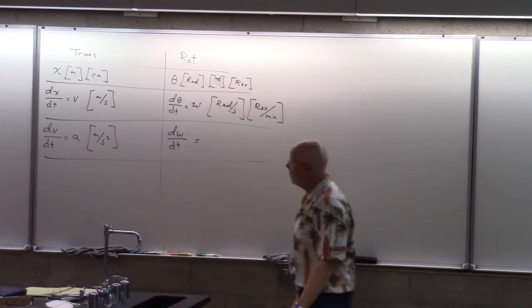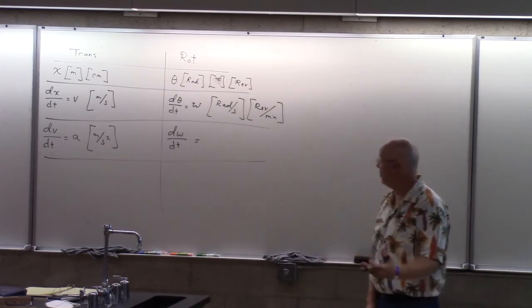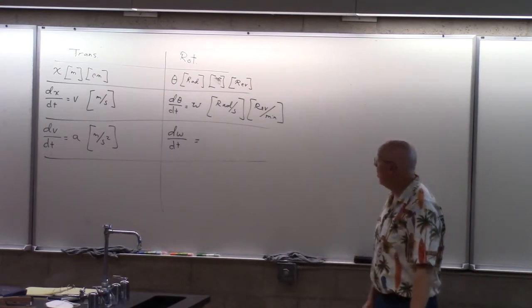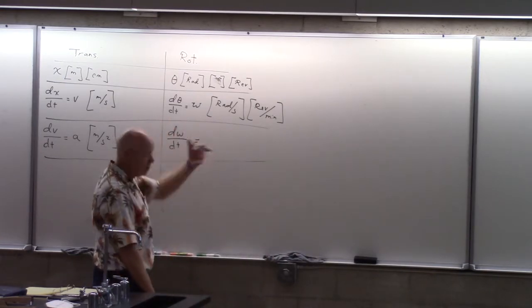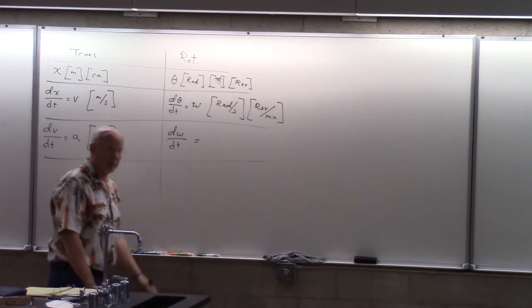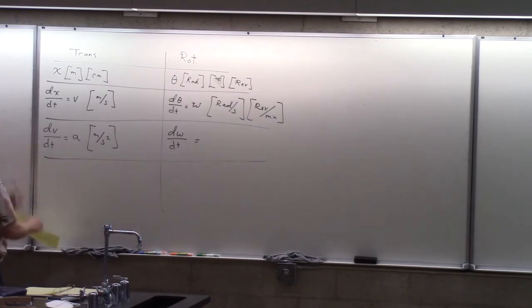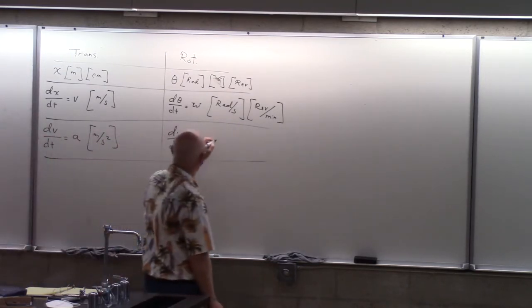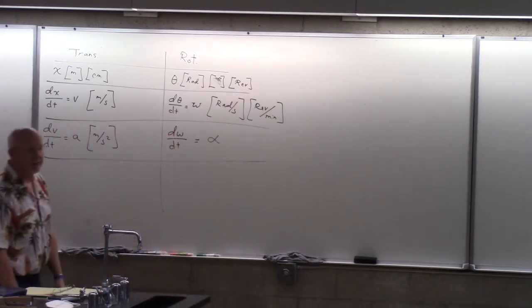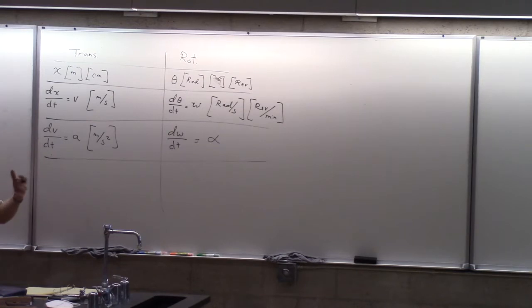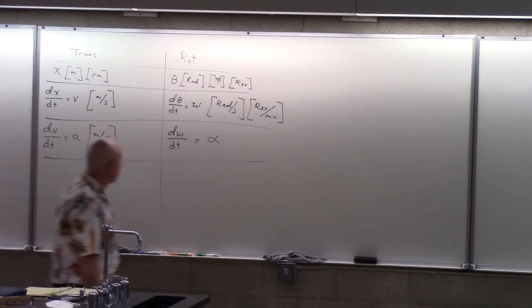And maybe now you'll begin to see the bigger picture here, that we will measure our rotational quantities using the Greek alphabet and our translational ones using the Latin alphabet. And so the corresponding first letter is alpha, and we'll call alpha the angular acceleration.